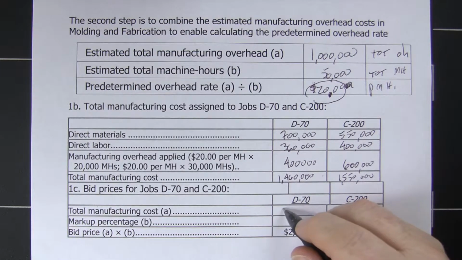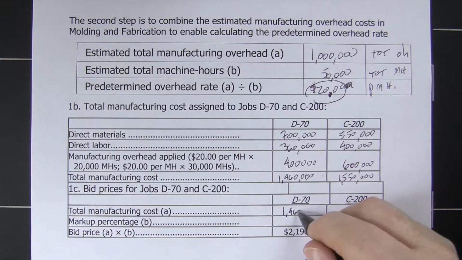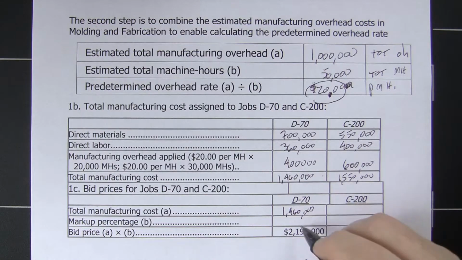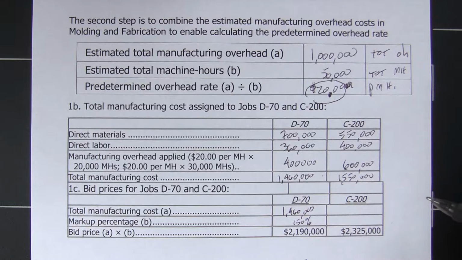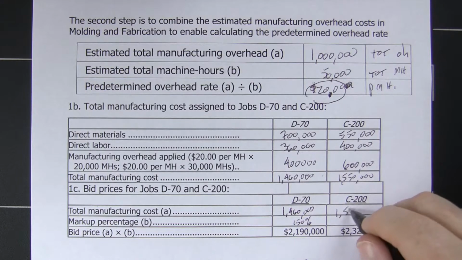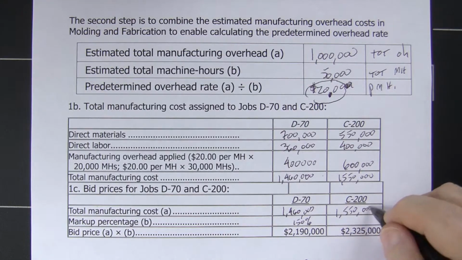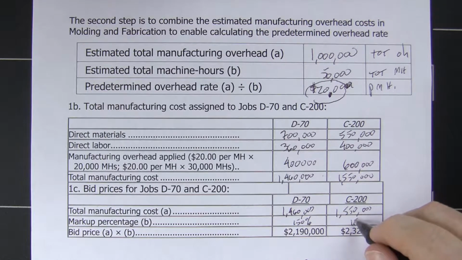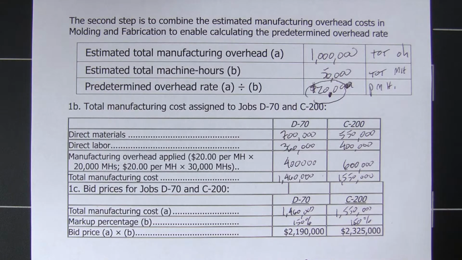That's what I'm going to do. 1,460,000 times 150% gives you $2,190,000. I'm going to do the same thing here. Gives me 2,325,000.